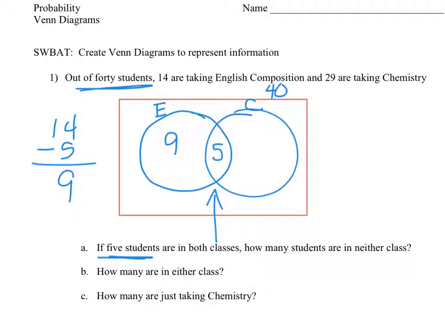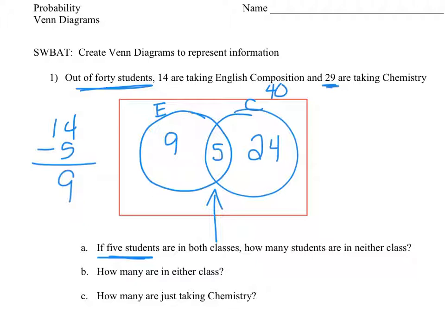So we have 5 people here already in chemistry, so there should be 24 because there's 29 total. If you add up both of these together, this whole circle represents the 29 people taking chemistry. So how many people are in neither class?